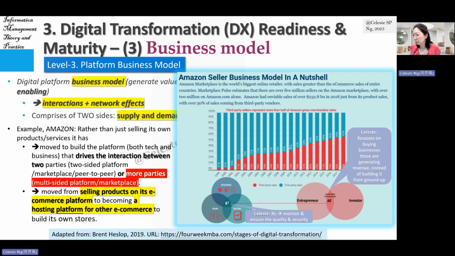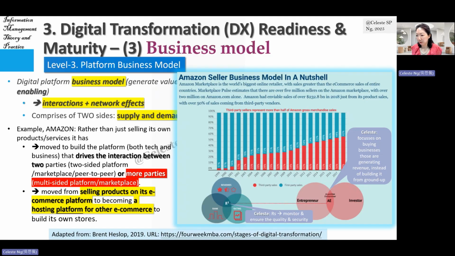So this also shows us the significance of a digital platform, whereby you can allow other players from the same industry to join in, so that you can make your platform become bigger, and also provide more value to the customer.